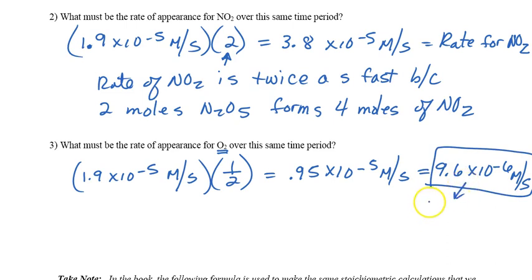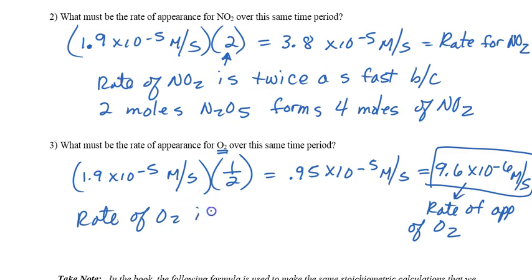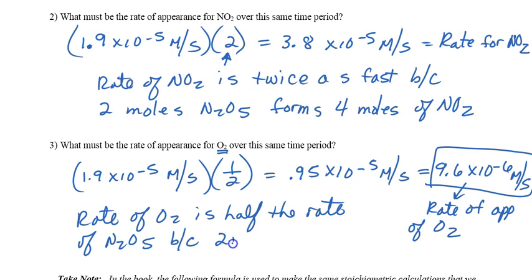That is equal to the rate of appearance of O2, right? So again, let's just write the rate of O2 is half the rate of the N2O5 because 2 moles of N2O5 forms 1 mole of O2, just from the balanced equation.